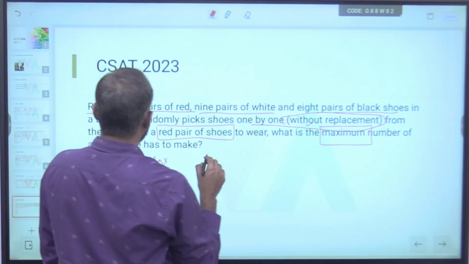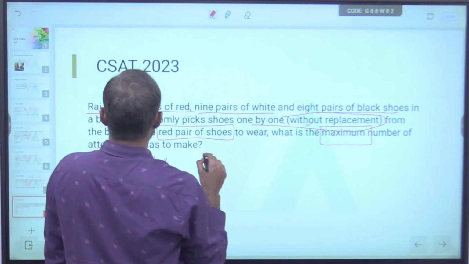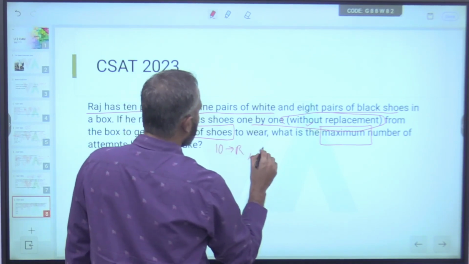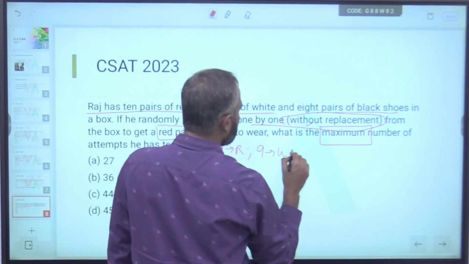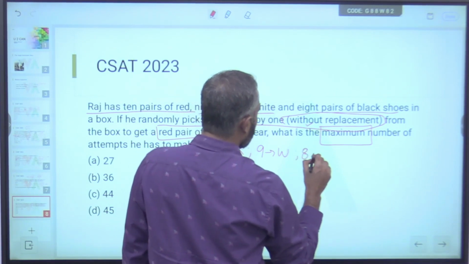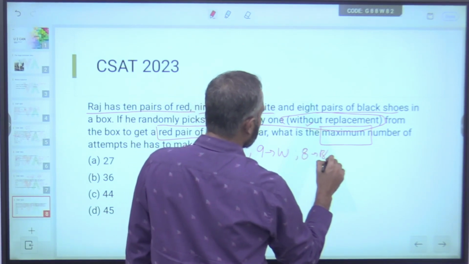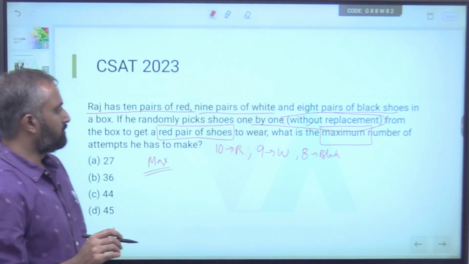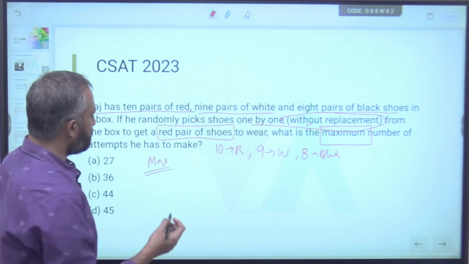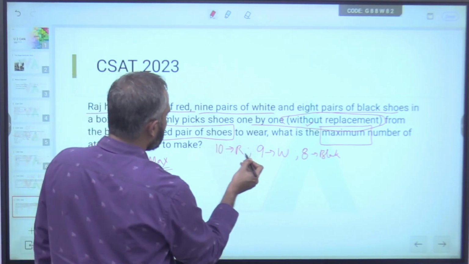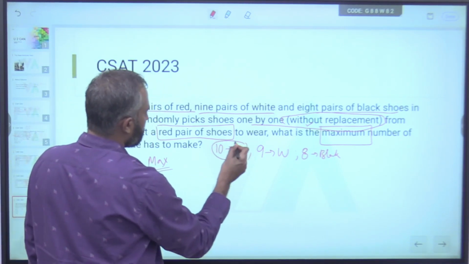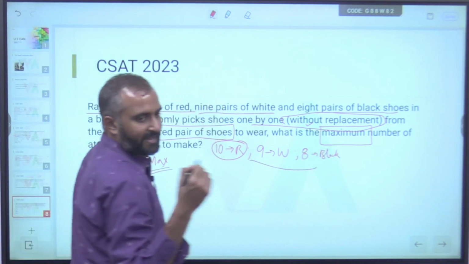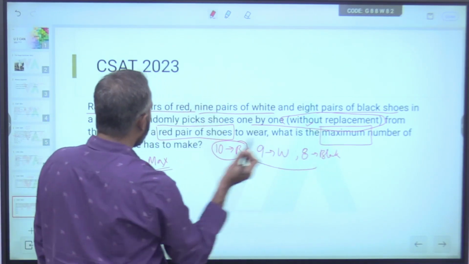see, 10 pairs of red, 9 pairs of white, and 8 pairs of black. Now let us assume that before picking up the red pair, he has used up the others, because we need the maximum number of attempts for a pair.